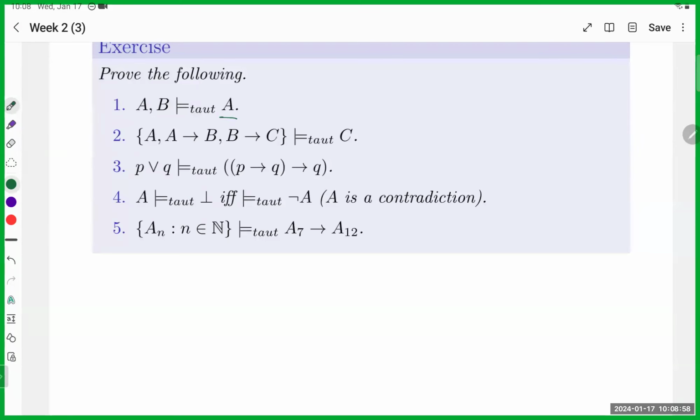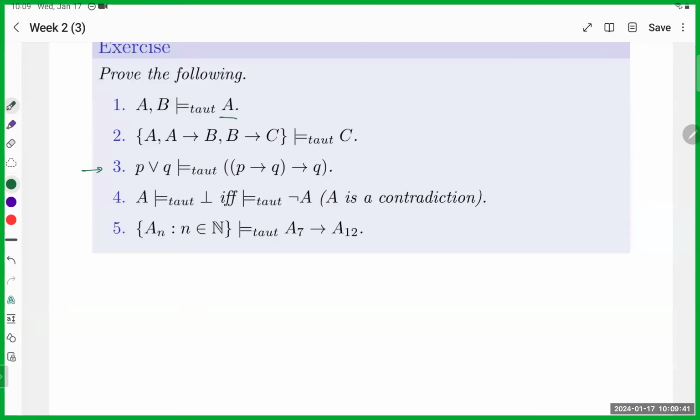Now, 2 says that A, A implies B, B implies C tautologically implies C. The third one says P or Q tautologically implies (P implies Q) implies Q. 4 says A tautologically implies bottom if and only if the negation of A is a tautology, which means A is a contradiction.